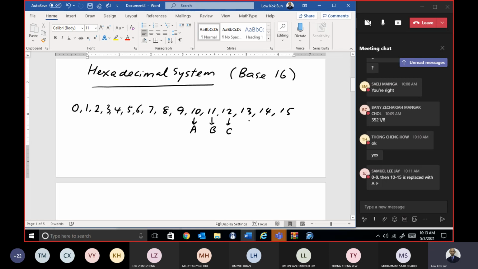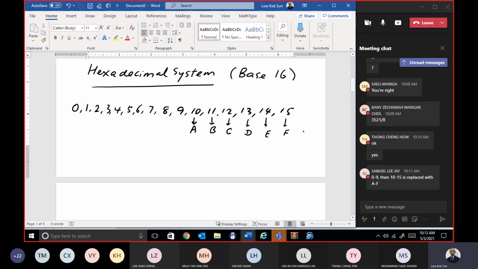This one C, this one D, E, and this one means F. In order to avoid confusion of 1, 0, 10 means A. So this base 16 is used until 15, there's no such thing as 16.